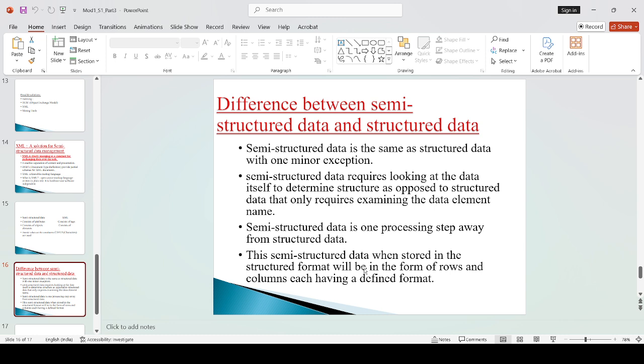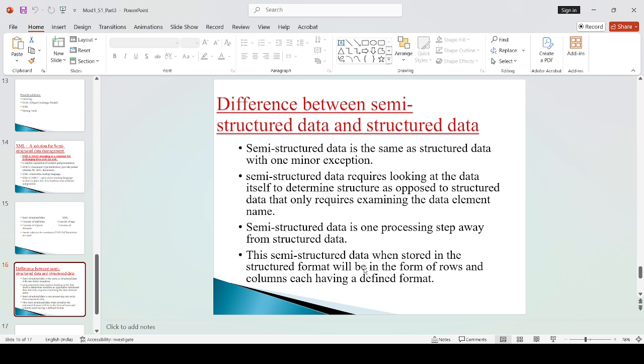Finally, let us compare structured data with semi-structured data. Structured data follows a fixed schema and is stored in a rows and columns format. Semi-structured data does not have a fixed schema. Instead, its structure is defined by examining the data itself through tags and elements.